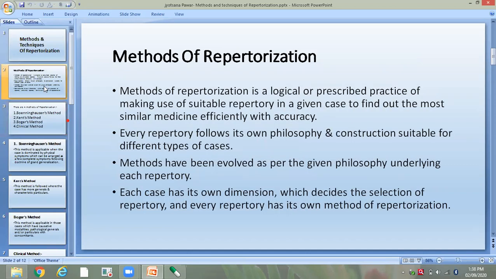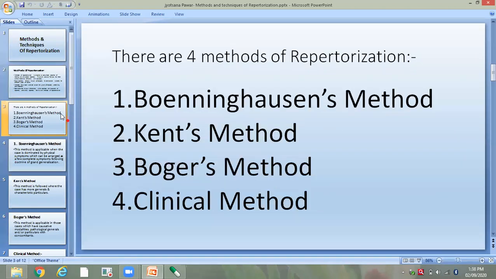According to the case we have to select which method is useful for which type of case, because all the methods of repertorization are based upon the philosophical background of that particular method. While repertorizing the case, we should find out which repertory is useful for which case.